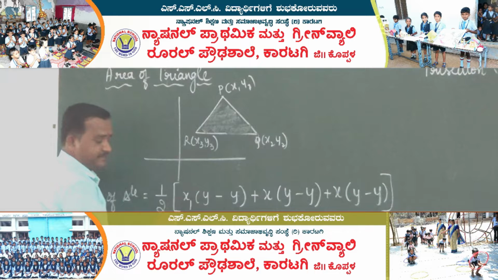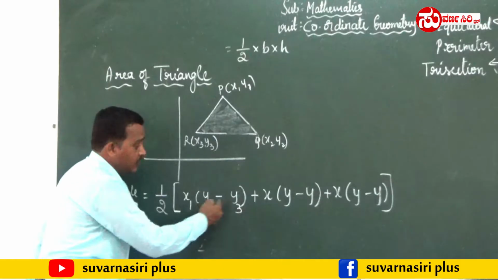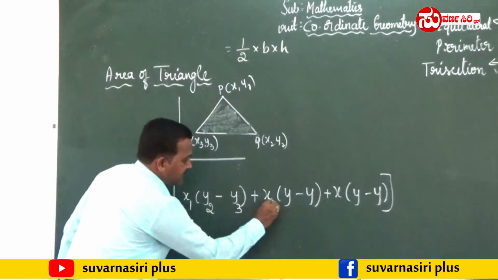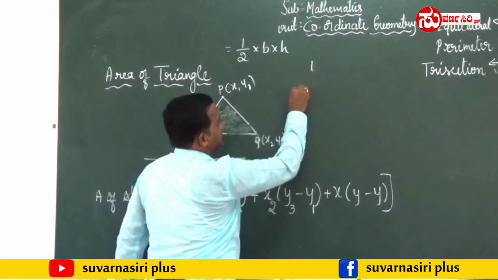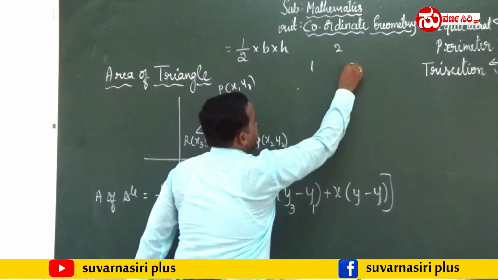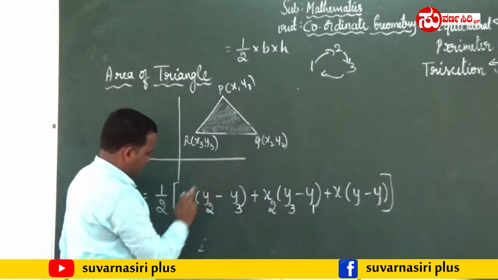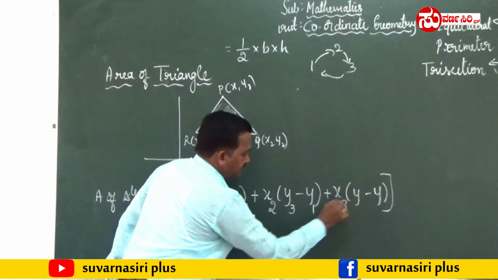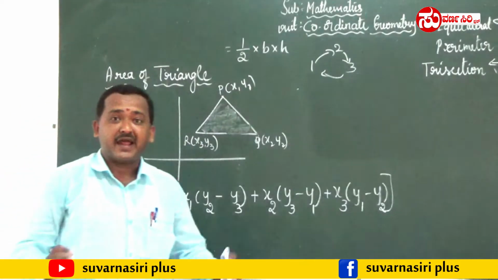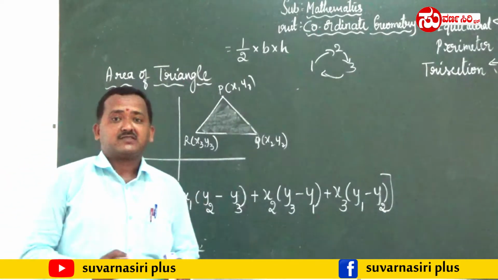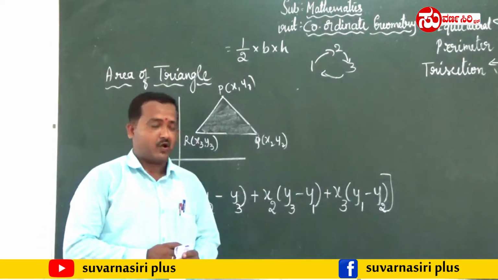So x1 into (y2 minus y3); see the serial, 1 after 2, 2 after 3. Then x2, next number is 3, then 1, cyclic. Then finally x2 is over, x1 is over, remaining is x3, after that y1 minus y2. Like this you can practice writing the formula, because formulas are very important. If we make a single mistake, the total problem will go wrong.